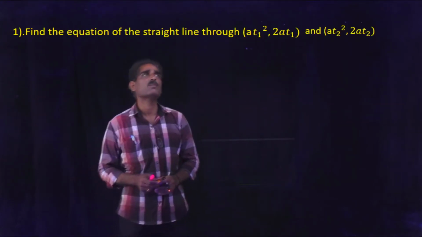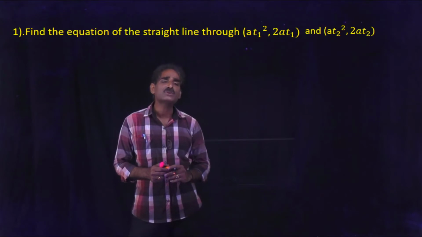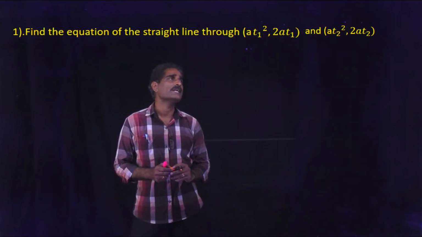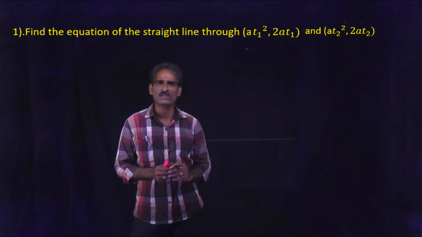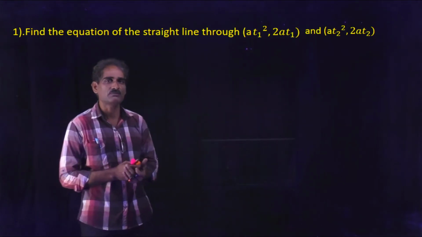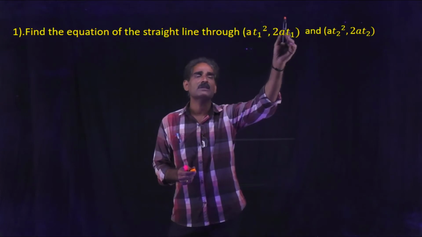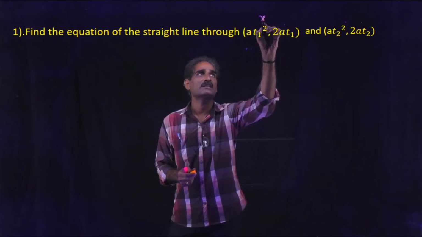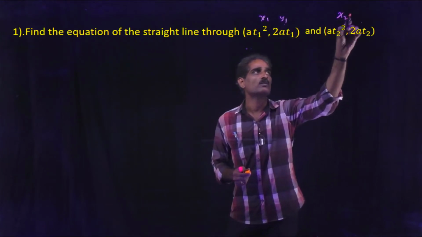Now see this problem. Find the equation of the straight line passing through the points (at1 square, 2at1) and (at2 square, 2at2). We have been given two points on the line, and we have to find the equation of the line. Here we have to use the two-point form. Let us consider these as x1, y1 and x2, y2.